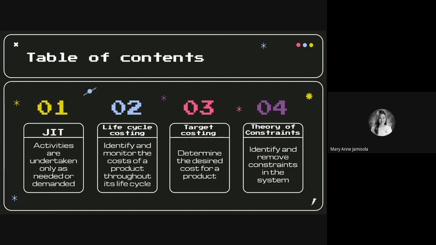The theory of constraints emphasizes the importance of managing the organization's constraints, or what we call barriers that hinder or impede progress toward an objective. So let's learn each of these techniques thoroughly.